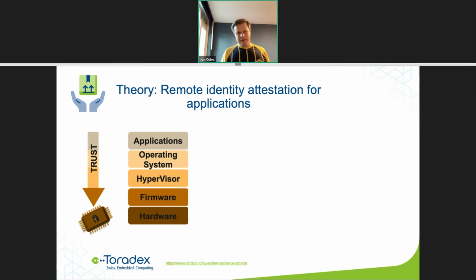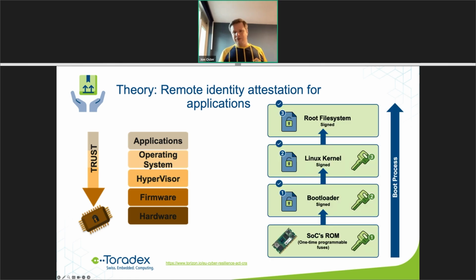In this diagram, I've even included a hypervisor in here. You have multiple stages that build on each other, and that is the correct architecture to use. But it means that in the end, your application is kind of far away from the hardware root of trust. Like we saw here.